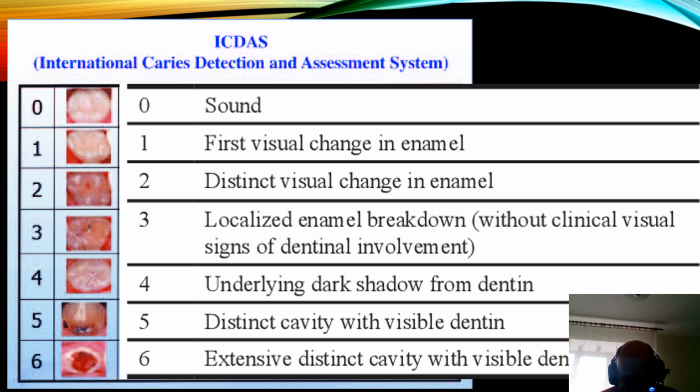Score 5, distinct cavity with visible dentine. And 6, extensive distinct cavity with visible dentine.